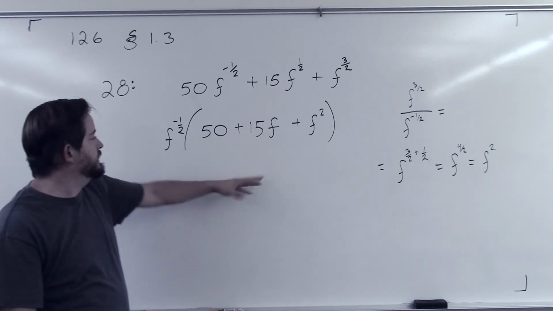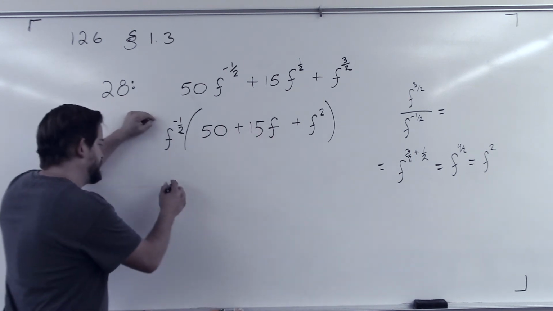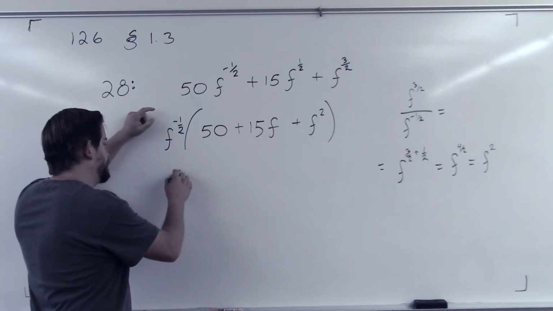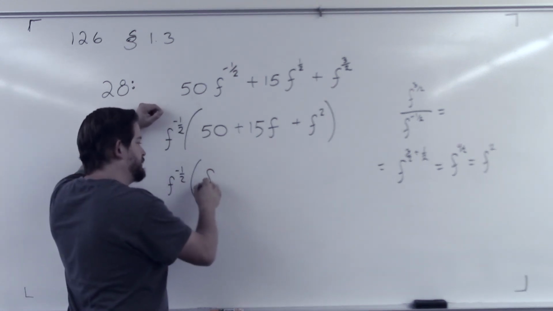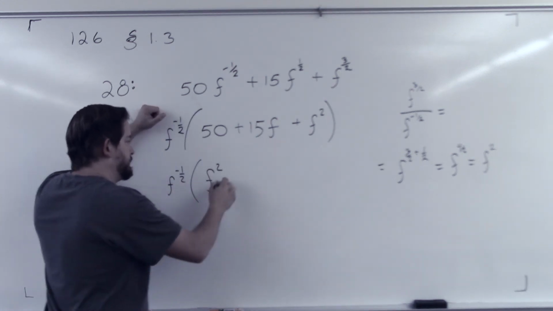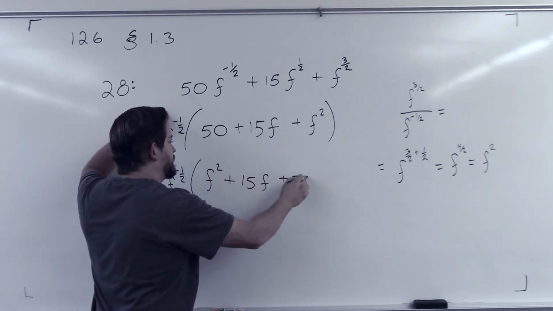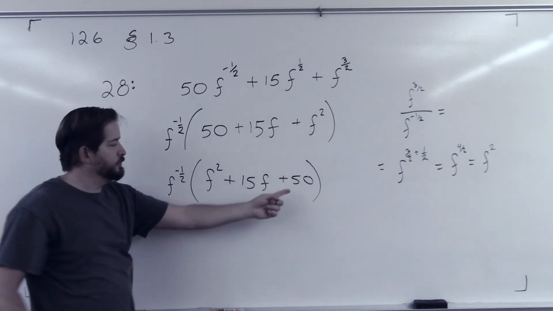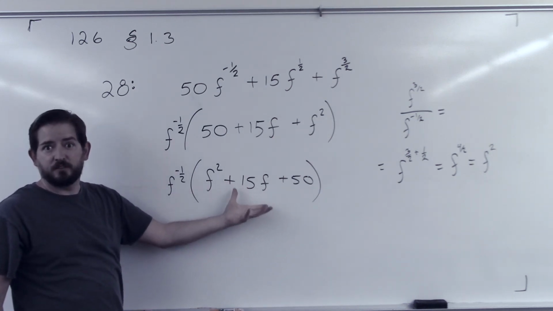And I'm actually going to take this entire trinomial and reverse its order. And so I still have this f to the negative 1/2. But writing the trinomial in descending order gives me f squared plus 15f plus 50. And now I'm just looking for factors of 50 that'll add up to 15, like 10 and 5.